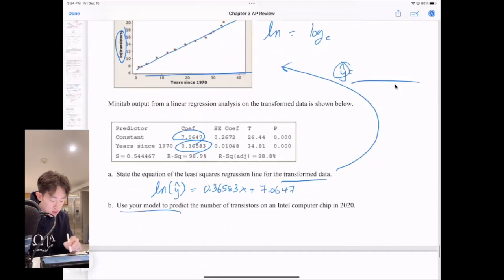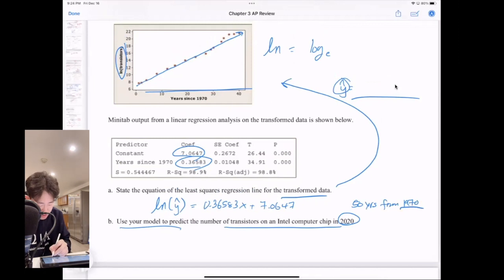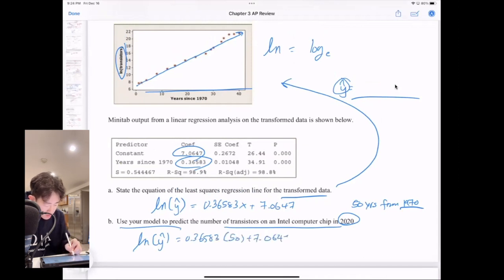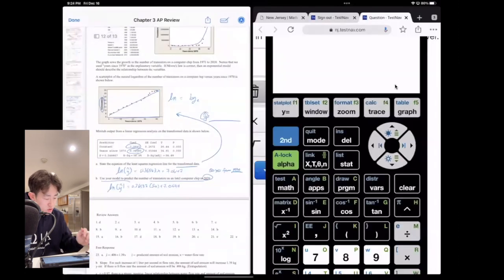Use your model to predict the number of transistors in 2020. 2020 means it's going to be actually 50 years from 1970. So for this, I'm going to plug in 50 for x, and then we're just going to use the calculator to predict it.